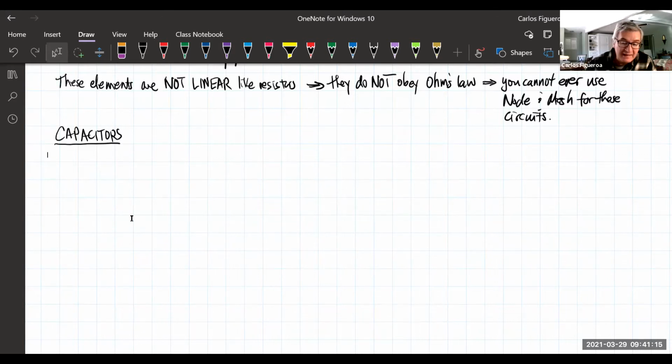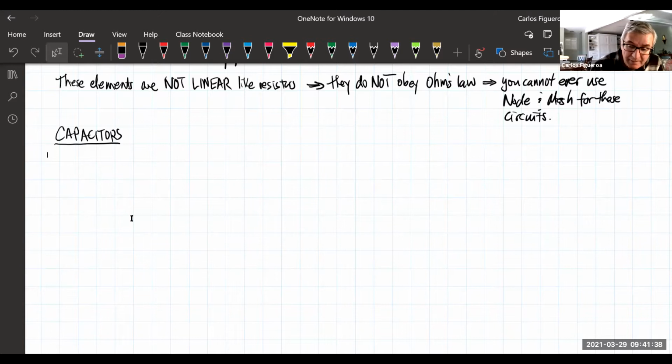There's a lot that goes into applications of capacitors. I'm assuming that you talked about all that stuff in physics 4B. If you're interested in more, you could come into office hours and we can talk about that. But for right now, what is a capacitor?